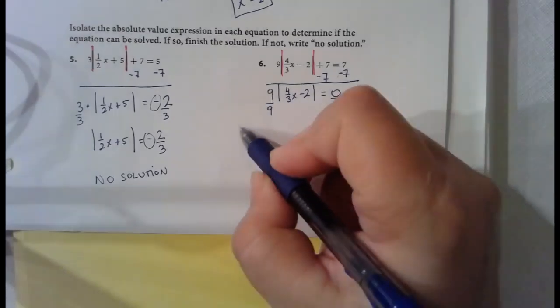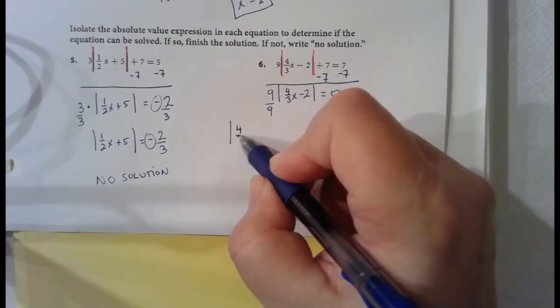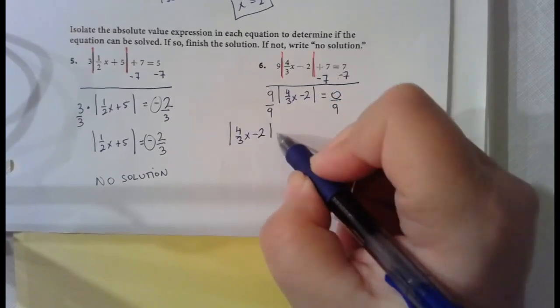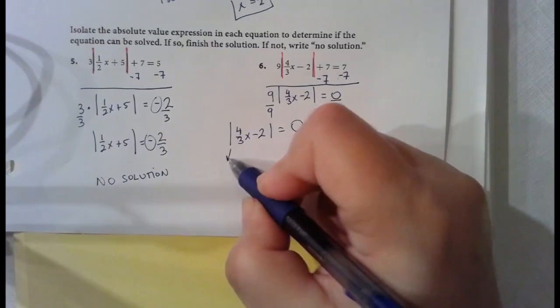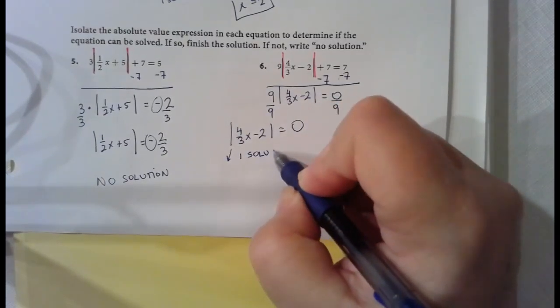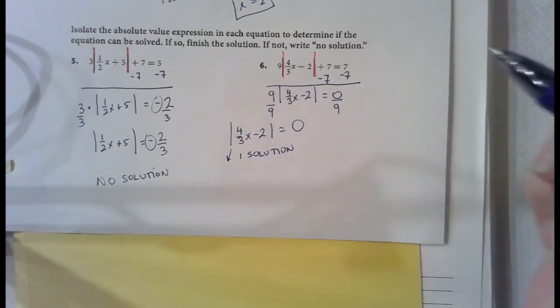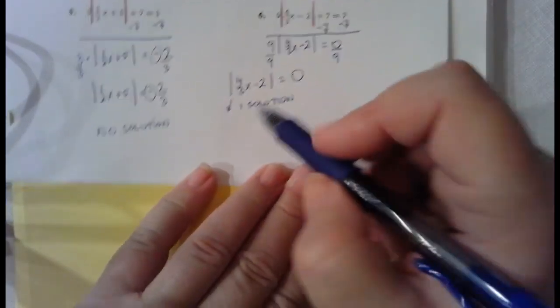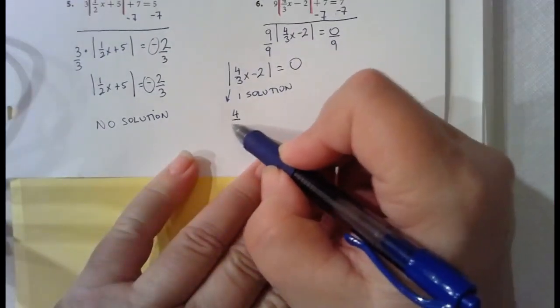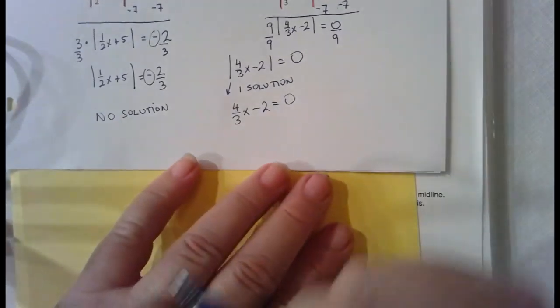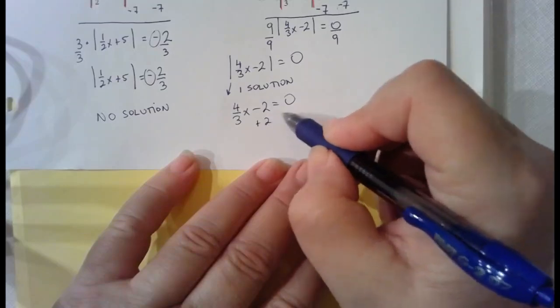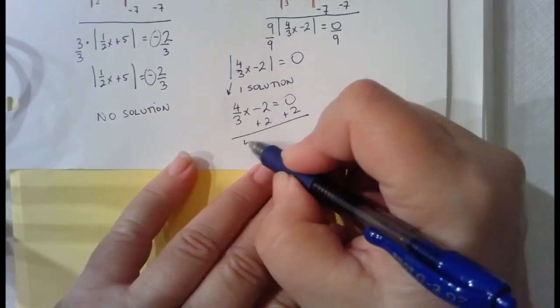So now you're going to have the absolute value of 4 over 3x minus 2 equals 0. So I already know this is going to be one solution, because 0 cannot be a positive or negative number, and basically I just go 4 over 3x minus 2 equals 0. So to solve for x, you're going to add 2 to both sides.